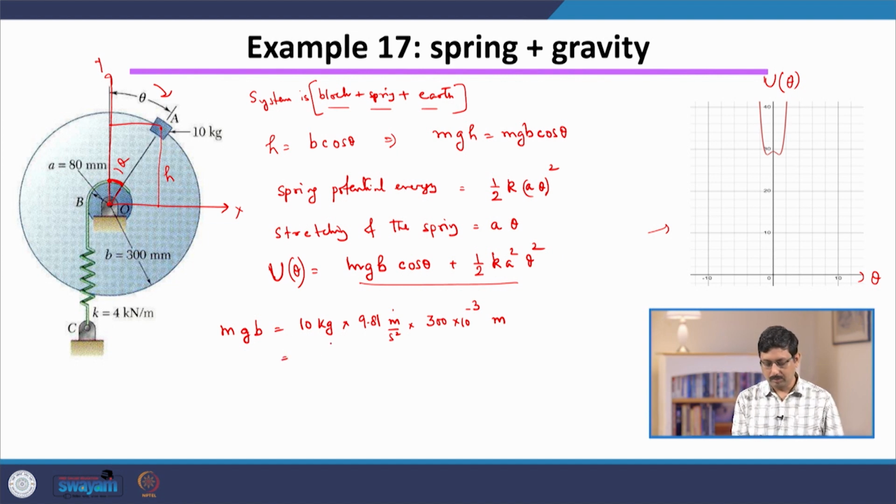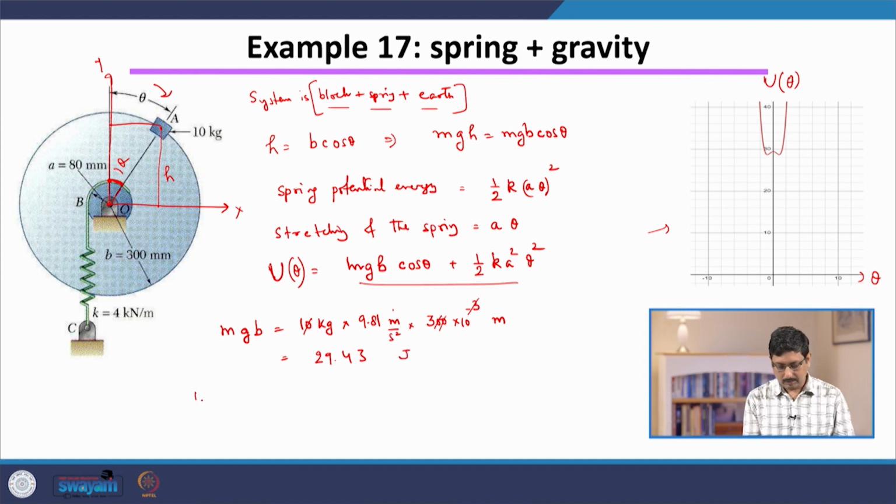And if you look at the numbers, this will cancel with this power. So, we get 9.81 into 3, which is about 29.43, and this is kg meter square per second square, which is joule.